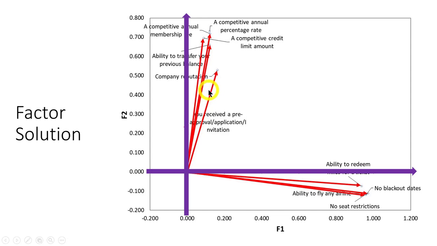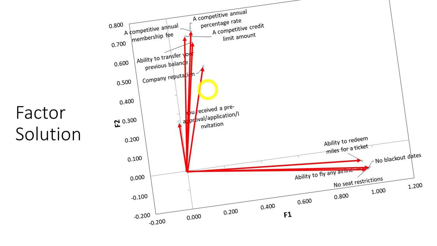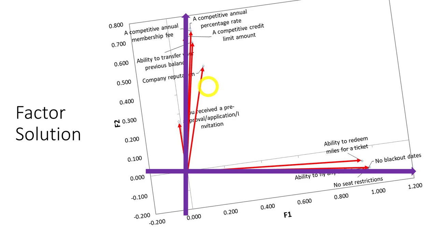But if I do a slight rotation of the map, mind you that I did not change the map at all. I rotated everything by the same angle. But what that accomplishes is that now the new factor 1 and factor 2 would be almost perfectly aligned with one set of variables. And that's what we call an orthogonal factor rotation.